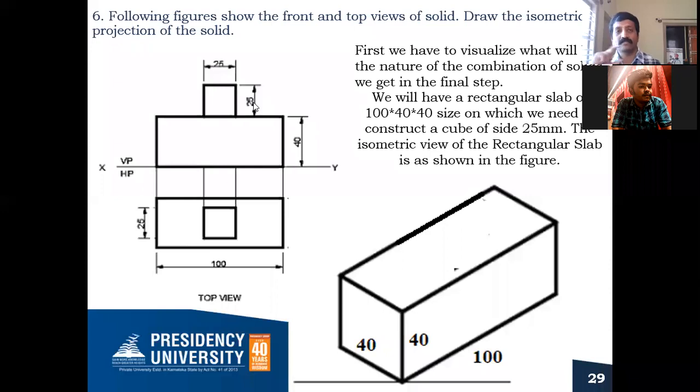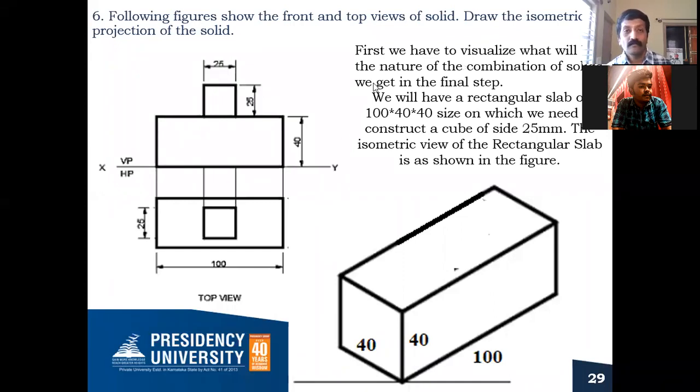So all three dimensions are the same: length, breadth and even height, as in a cube. That's why the top solid is a cube. So you have to understand how to draw the top view as well as the front view.